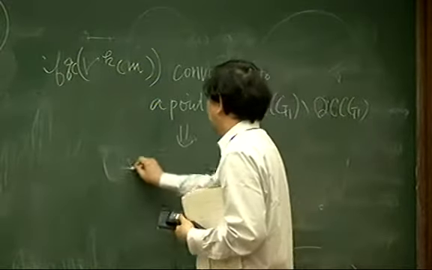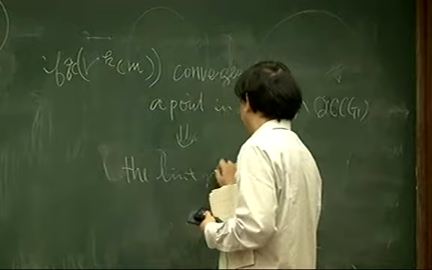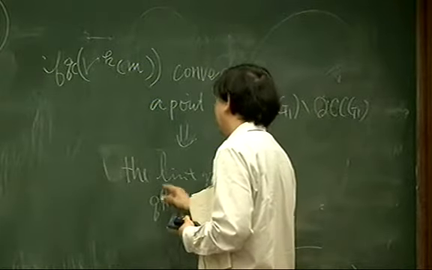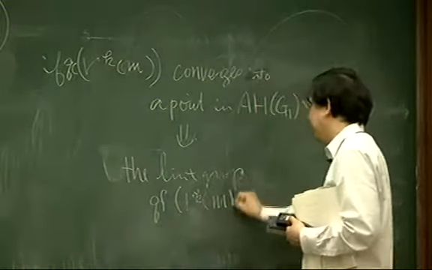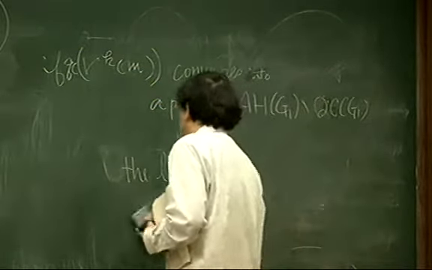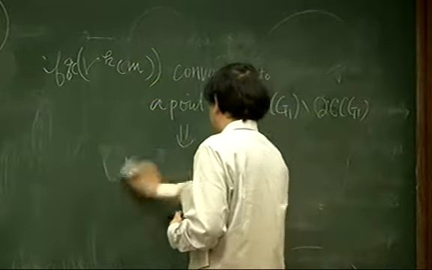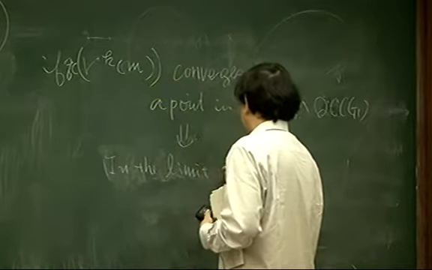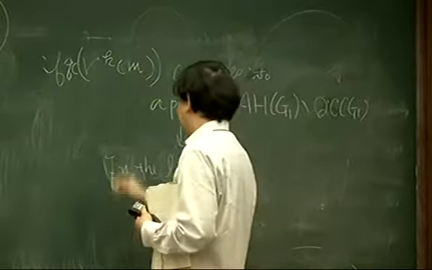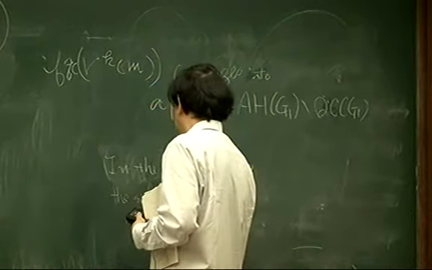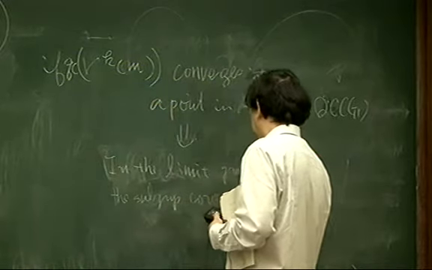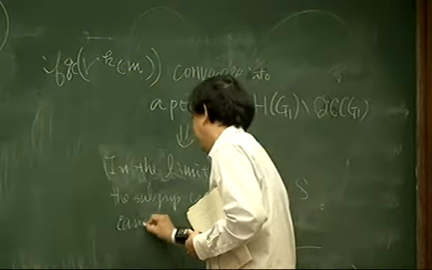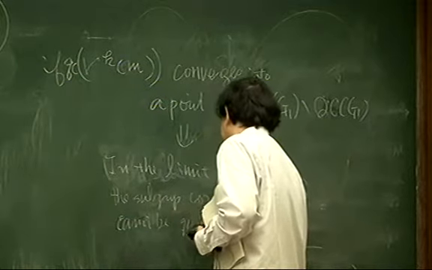Actually, he showed that the limit group, so instead of QC, you consider the covering associated to the subgroup corresponding to S in the limit group, cannot be quasi-Fuchsian.